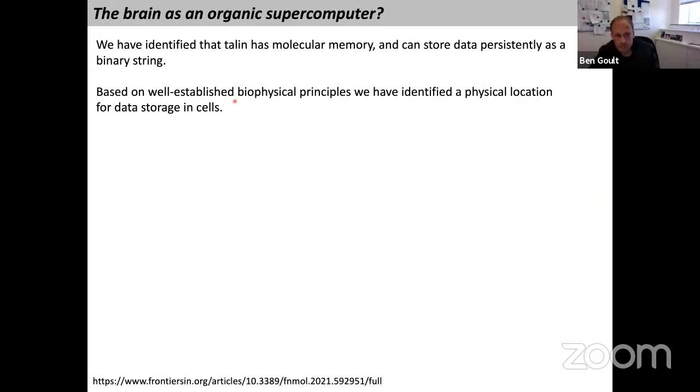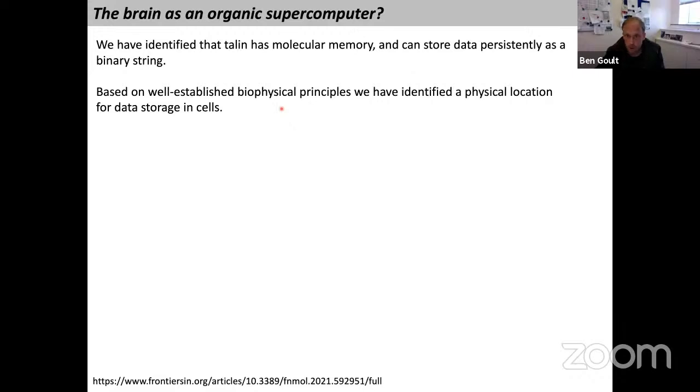So that's all I wanted to say, but just to ground it back, this is experimentally derived. It's not based purely on theory or out of the air. I'd love to discuss this with you all. We've identified that tailin has this molecular memory and that it can store this data persistently as a binary string. And what's exciting to me is this is based on really well-established biophysical and biochemical rules.